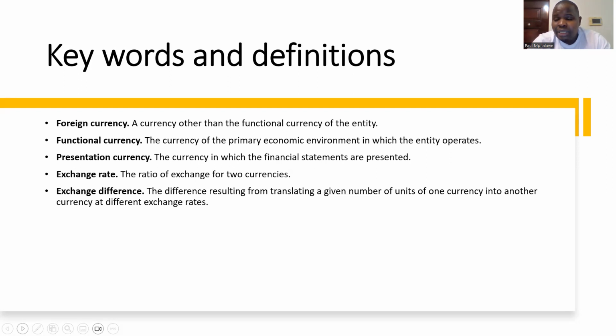Let's say at the time when the transaction occurred, the rate of the US dollar to Malawi kwacha was 1,200. Now, on the date of payment, you'll find that the exchange rate has gone up to 1,500. The difference between 1,500 and 1,200, which is 300 kwacha per dollar, is an exchange difference. We are going to see how that is accounted for.